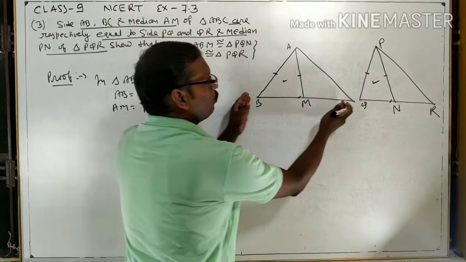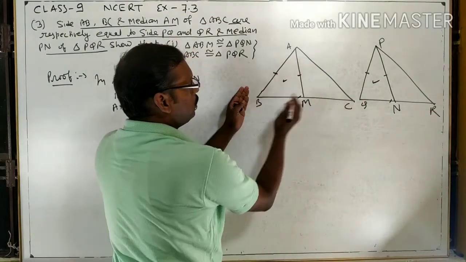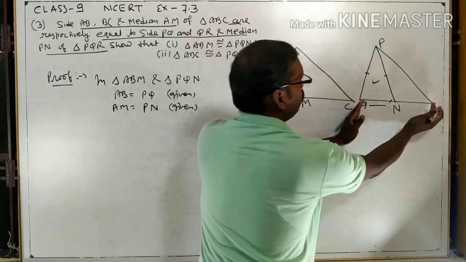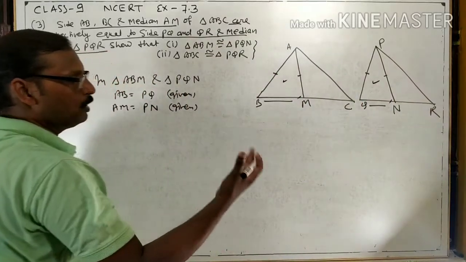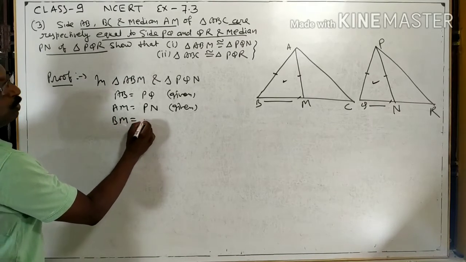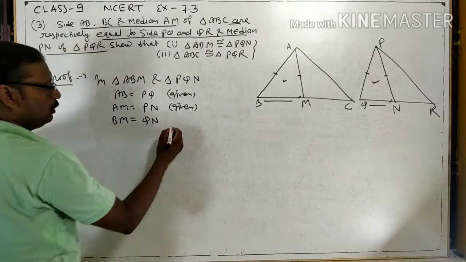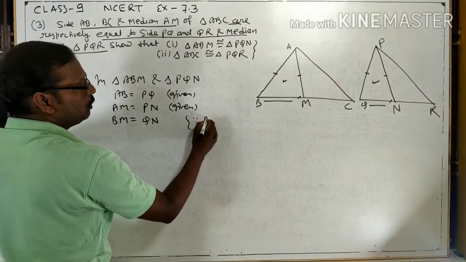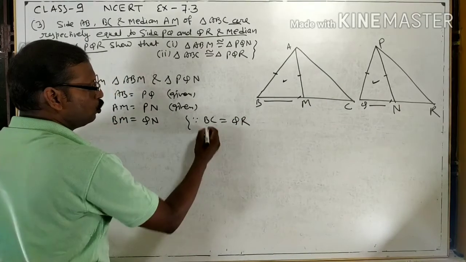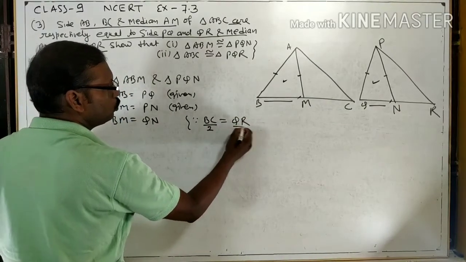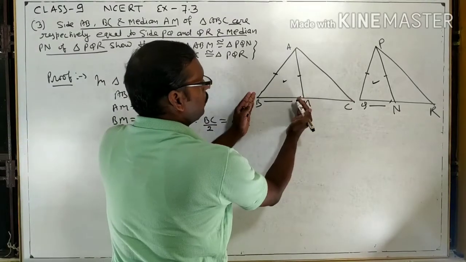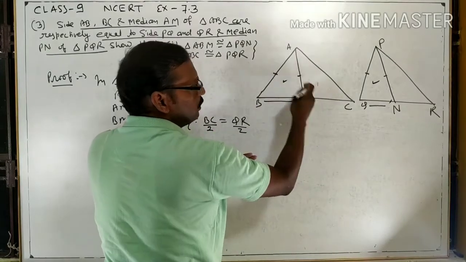So if BC equal to QR, then half of BC is BM and half of QR is QN. वो भी इक्वल होगा क्योंकि इक्वल पार्ट का हाफ भी इक्वल होता है. So we can write BM equal to QN. Write the reason: since BC is equal to QR, dividing both sides by 2, half of BC is BM because M is the midpoint, as this is a median.